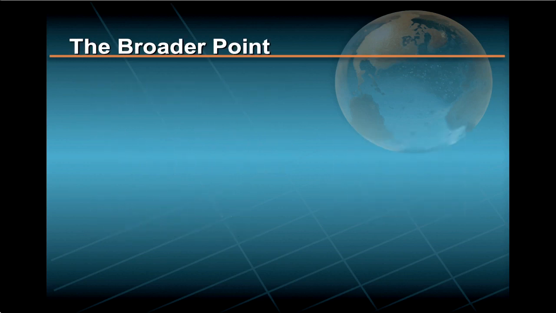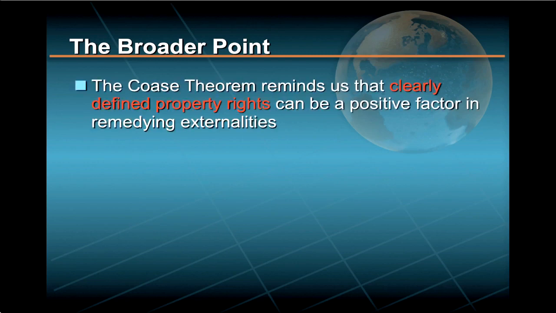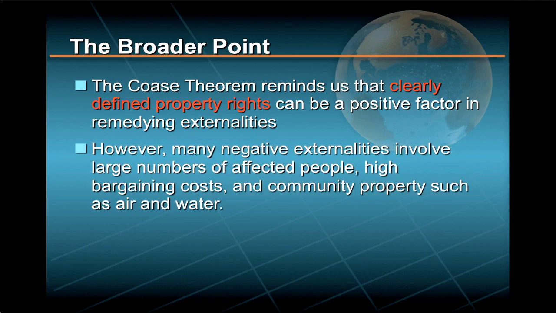The broader point is that while the Coase Theorem reminds us that clearly defined property rights can be a positive factor in remedying externalities, many negative externalities involve large numbers of affected people, high bargaining costs, and community property such as air and water.